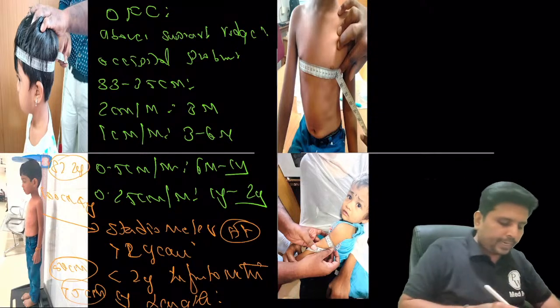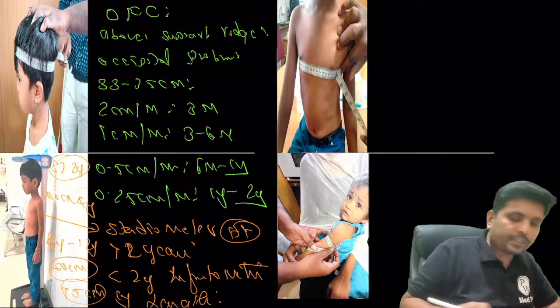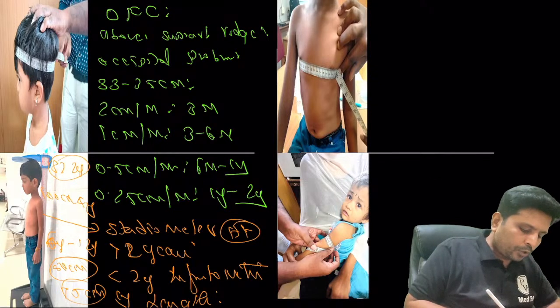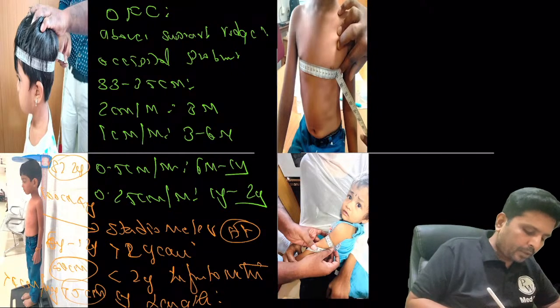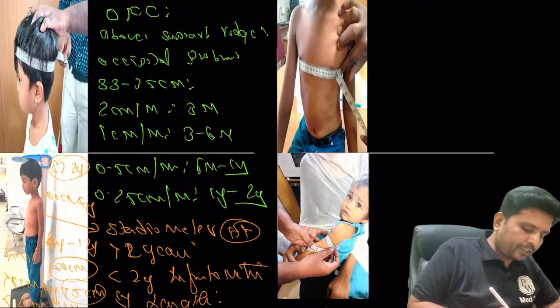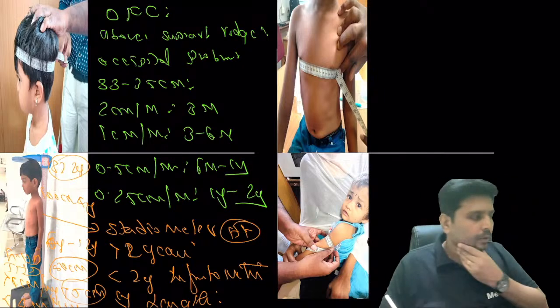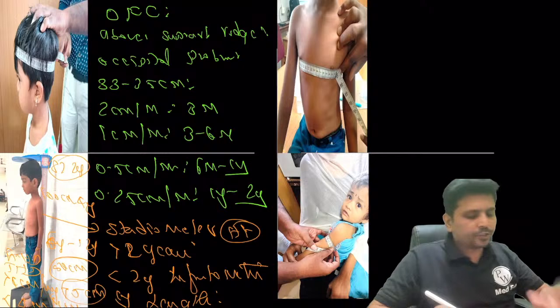Very important, from 4 years to 12 years, or from 6 years to 12 years, you should gain a minimum of 4 centimeter per year. When you gain less than 4 centimeter per year, it is growth hormone deficiency or thyroid hormone deficiency.